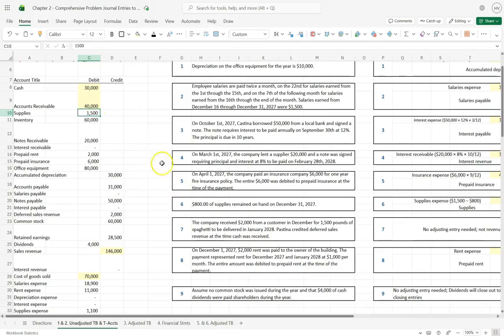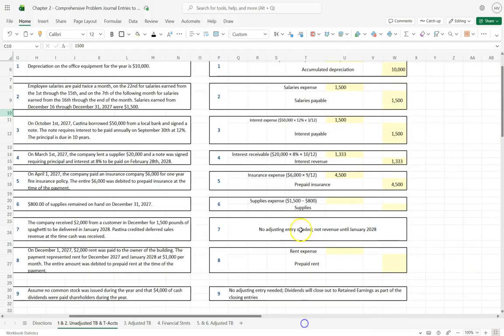And so after doing that, they realized that only $800 worth of supplies was on hand, and our balance is $1,500 on our unadjusted trial balance. So we need to reduce our unadjusted trial balance by $700 so that our ending balance in the supplies account will be $800, which means that we have used $700 worth of supplies throughout the year.